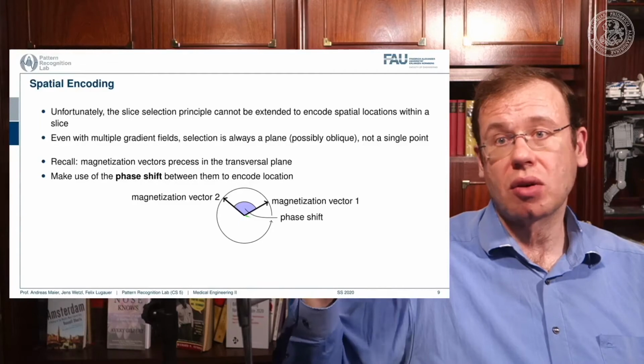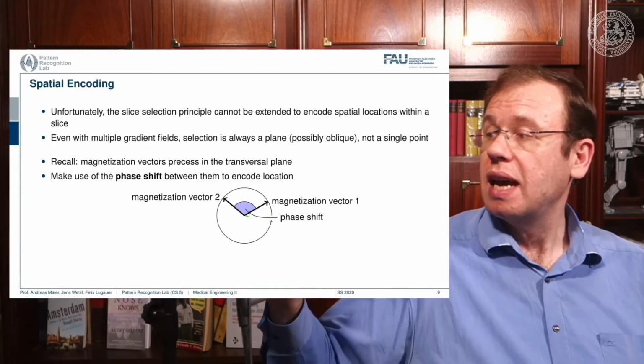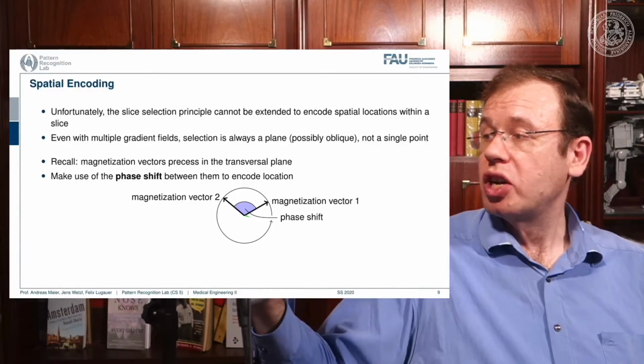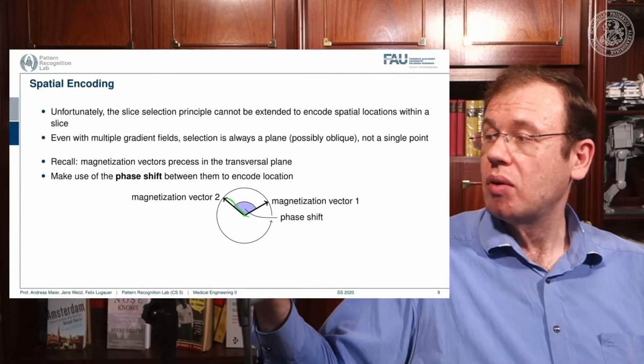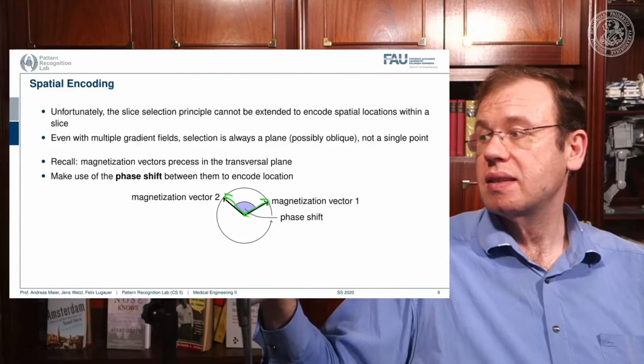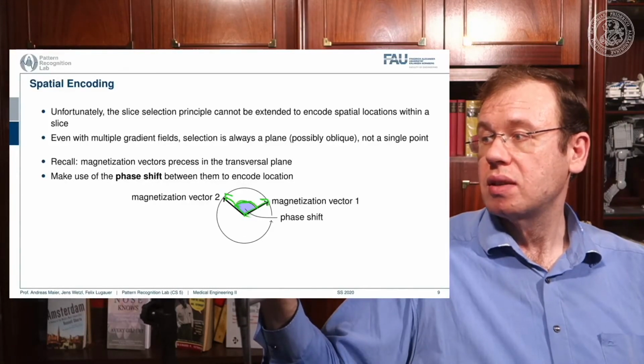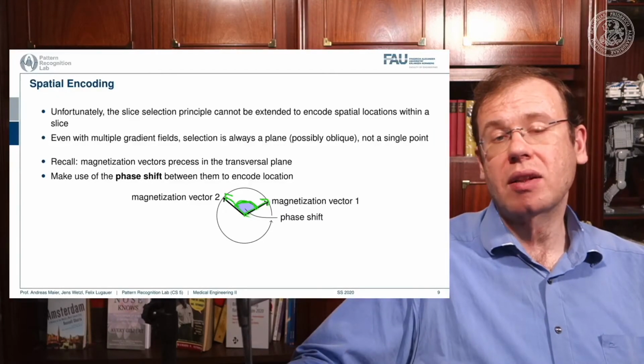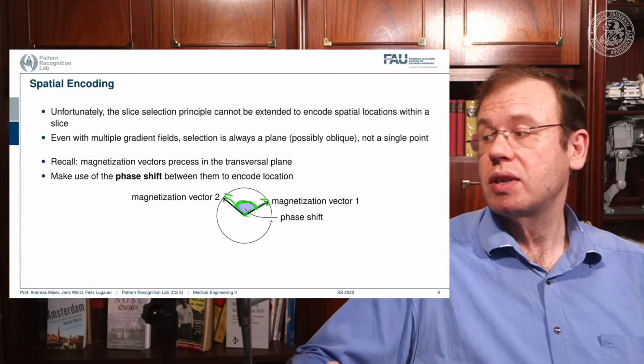After the excitation, all of them rotate in synchrony. Then we want to change the magnetic field locally such that some of the rotations are out of synchrony. This is then called the phase shift. So this kind of angle between the rotations is the means that we want to use in order to differentiate different spatial positions.